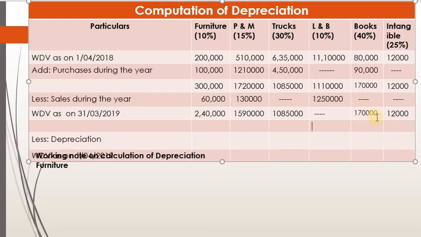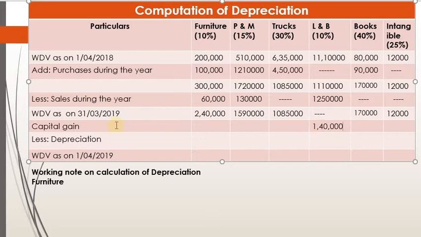Then the books' written down value is 1,70,000 and patent is 12,000. We do not know whether it is long-term or short-term, since there is no information regarding the date of acquisition, so we will treat it as capital gain. We cannot charge depreciation on this because it is a difference between the selling and the written down value amount.